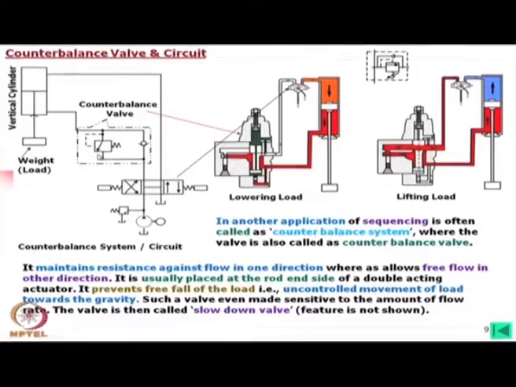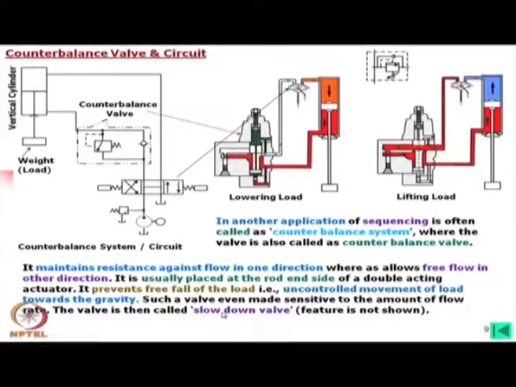Once it closes the path, the velocity of the fluid will decrease, the force will reduce, and it will open again. That is very simple in comparison, but this one has external control, whereas that valve does not. Usually that slow down valve is used where the loads are limited, say in a forklift truck when the load is being lifted, but basically that is also called a counterbalance valve.